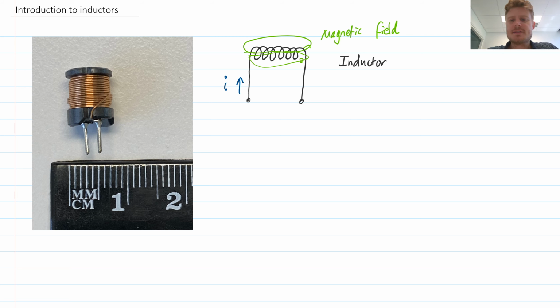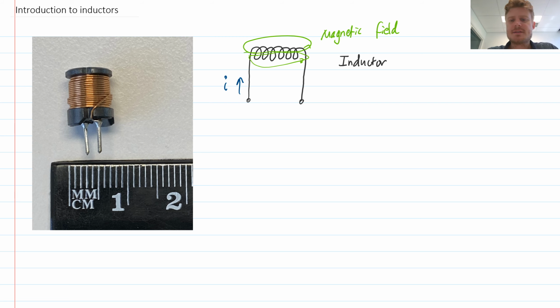The picture on the left-hand side is a photograph of a real inductor, and you can see it's a coil of wire wrapped around an iron core. The iron core concentrates the magnetic field there, and that's the optimal way of building inductors.